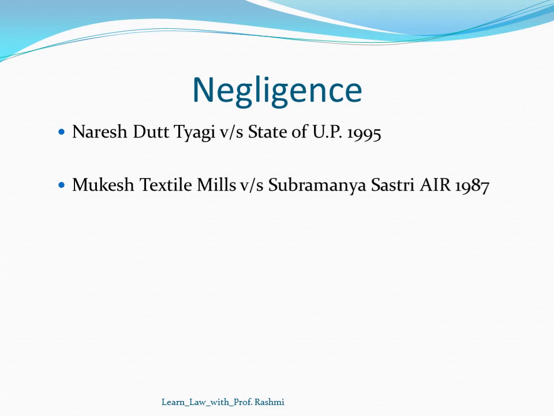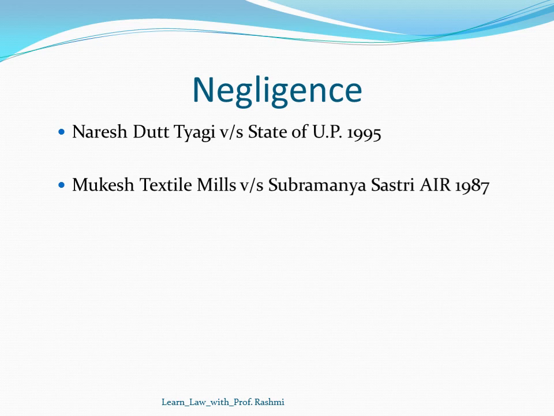The tanks are extremely filled with this molasses, and one day the tanks collapse. So when the tanks collapse, the whole molasses flows into the water channel, and through that water channel into the land of the respondents. So what is happening here? Damage is caused to the raised crop. The paddy fields are spoiled. So here the court held that the appellant is liable because he had stored a large quantity of molasses.